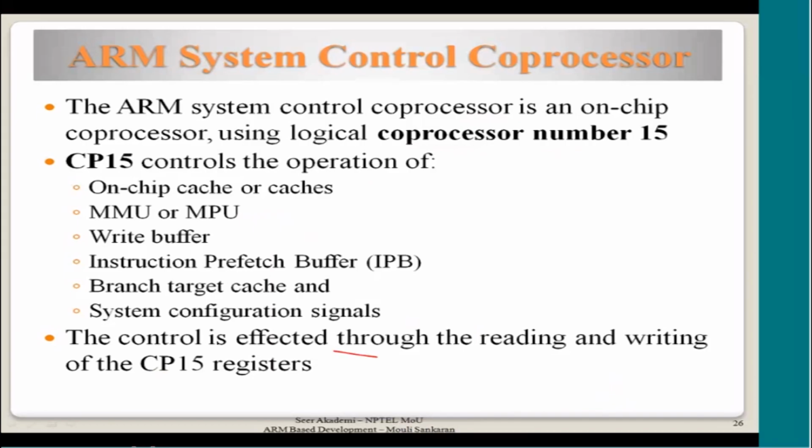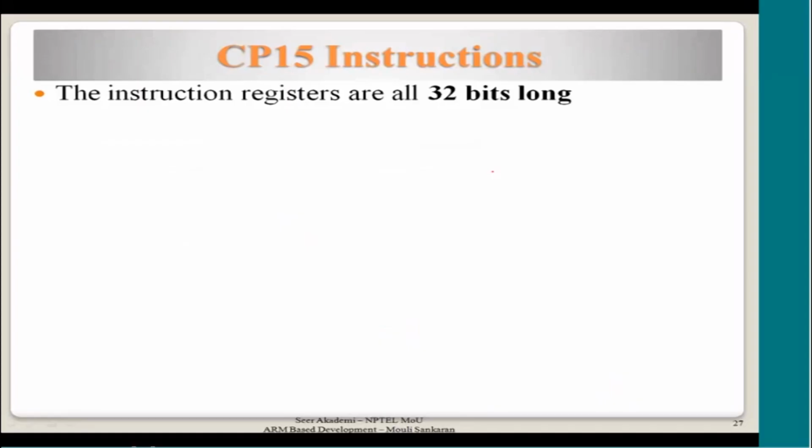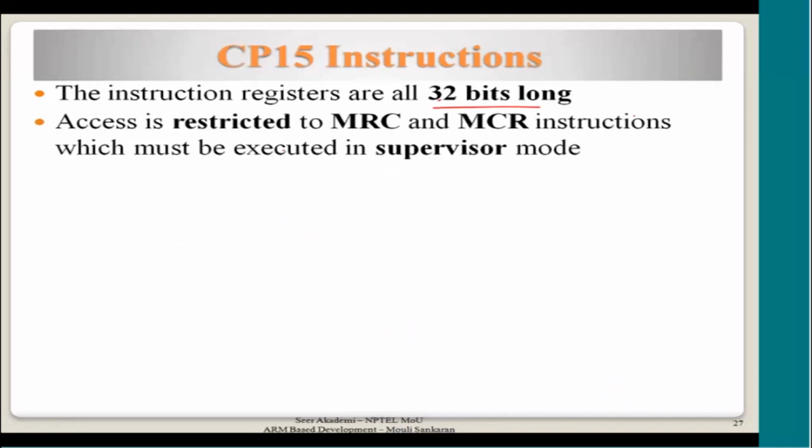The control is effected through reading and writing of the CP15 register. Now, how do you read and write? You know that coprocessor instructions are there. The instruction registers are 32 bits long, and access is restricted to only MRC and MCR, and only in supervisor mode. So any CP15 instruction can be executed only in supervisor mode.